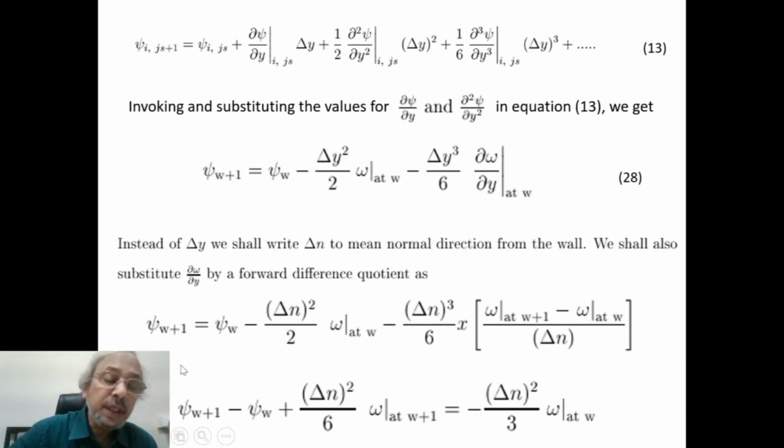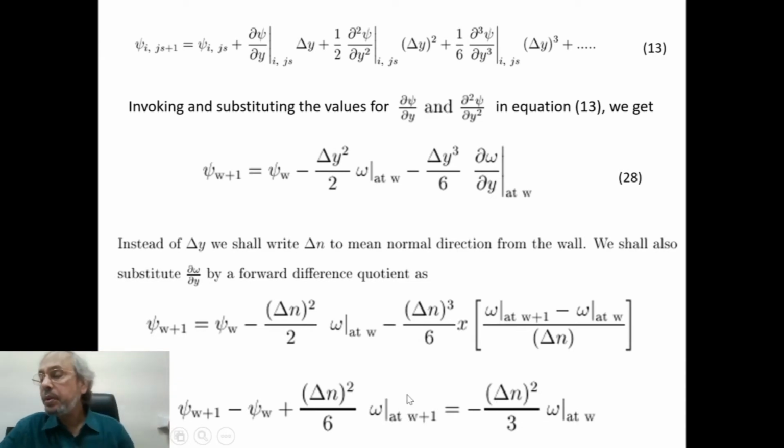So this becomes then psi at w plus 1, the psi at the near wall point, minus psi at the wall, plus delta n square by 6 omega at w plus 1 equal to these two terms together, omega at w, minus delta n square by 3 omega at w. So these are just algebraic steps I have narrated.